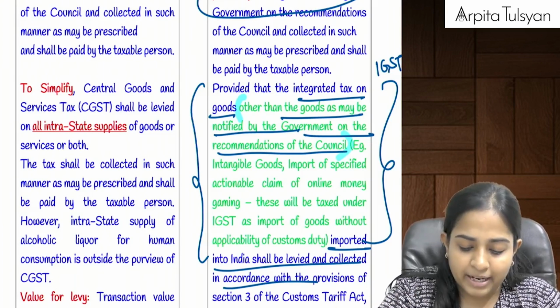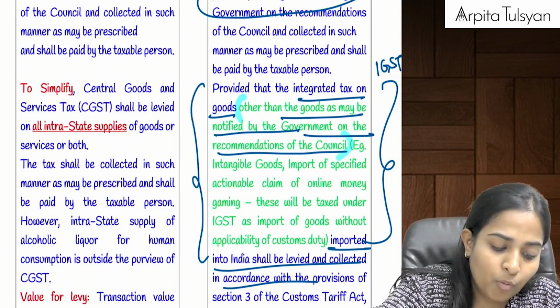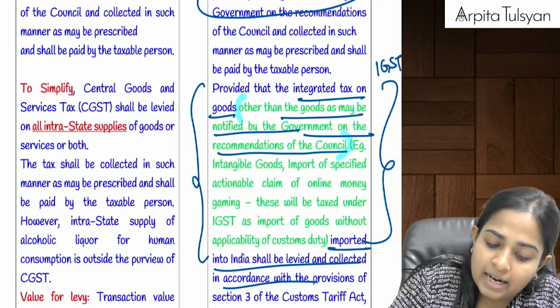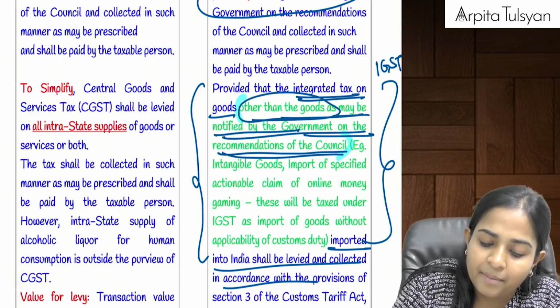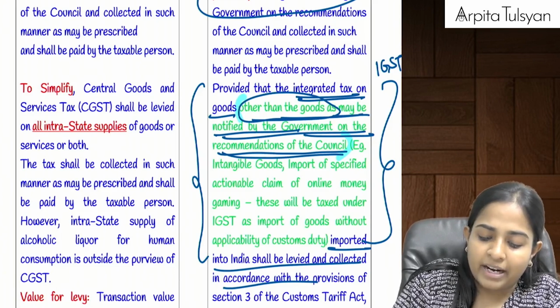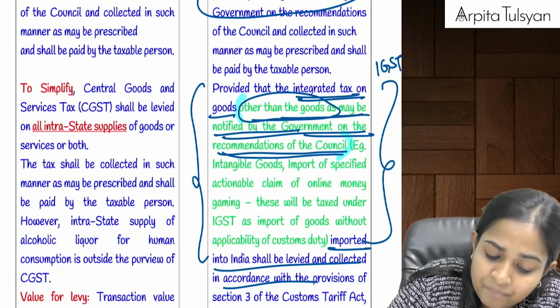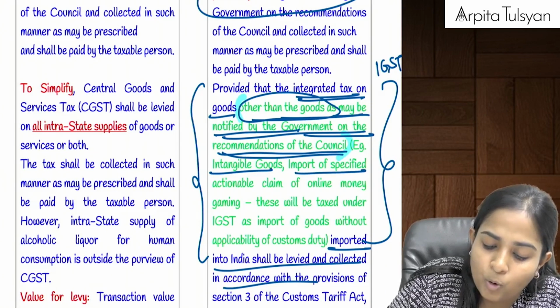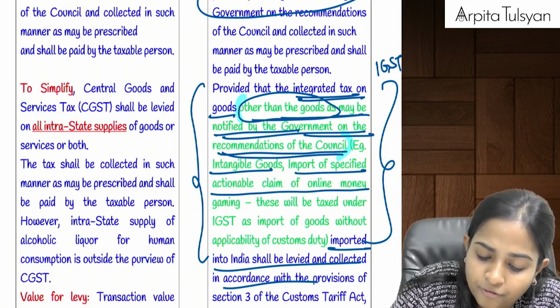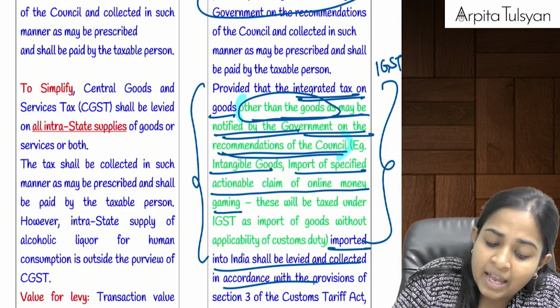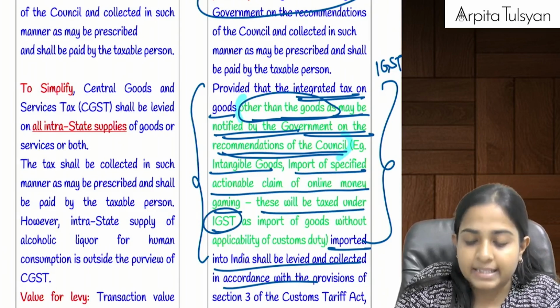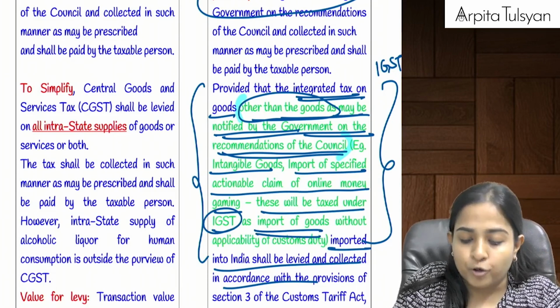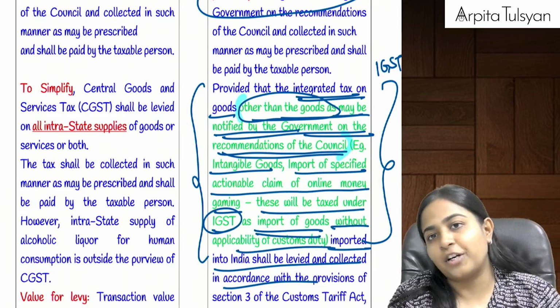Example, intangible goods, import of specified actionable claim of online money gaming. These will be taxed under IGST as import of goods without applicability of customs duty.